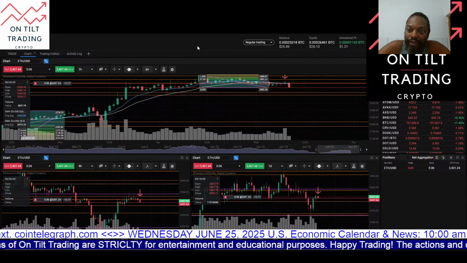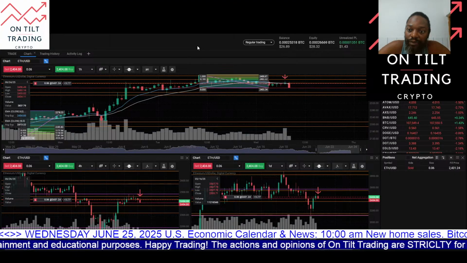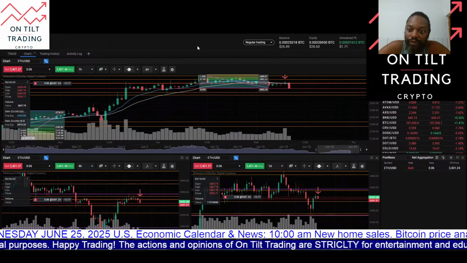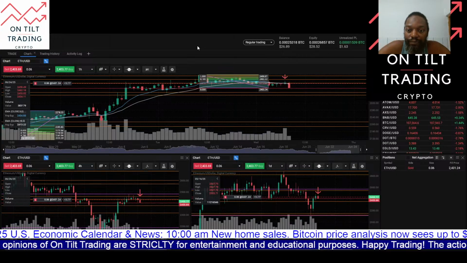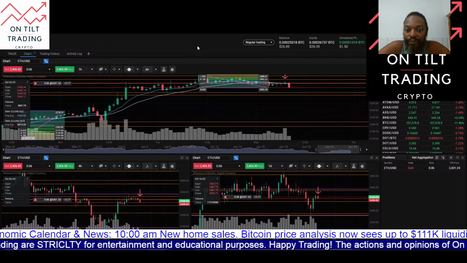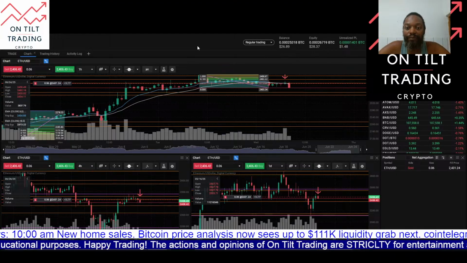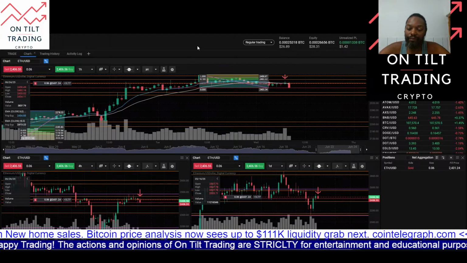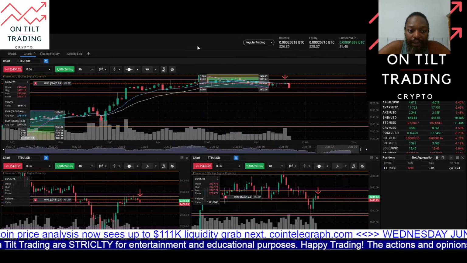Price being delivered to the sell side with speed. 24.07, 24.05, 24.02. Price consolidating here.